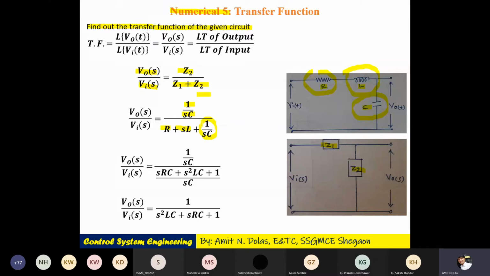We have to just minimize the terms here. So 1 by SC divided by SRC plus S square LC plus 1 divided by SC. So SC gets cancelled. Here VO by VI of S is nothing but 1 upon S square LC plus SRC plus 1.